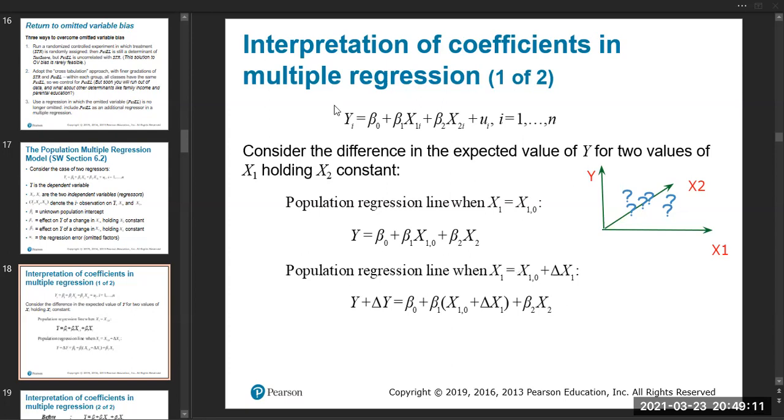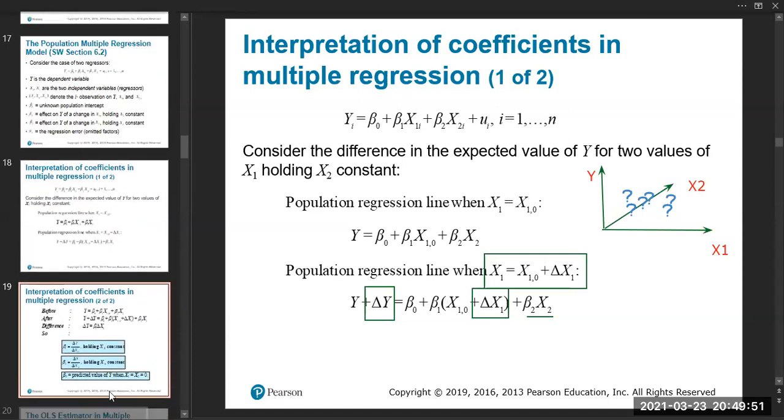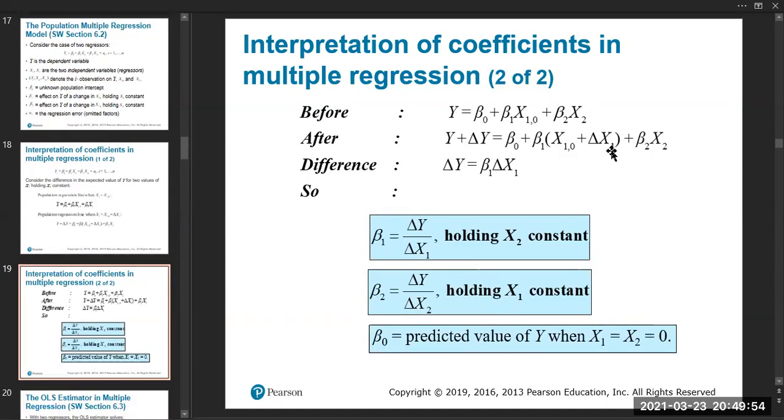Now, if I change X1 by delta X1, but I don't change X2, so X2 is held constant, then I will have delta Y unit change in Y. So X1 changed by delta X1, Y changed by delta Y. We want to take this out of the equation.